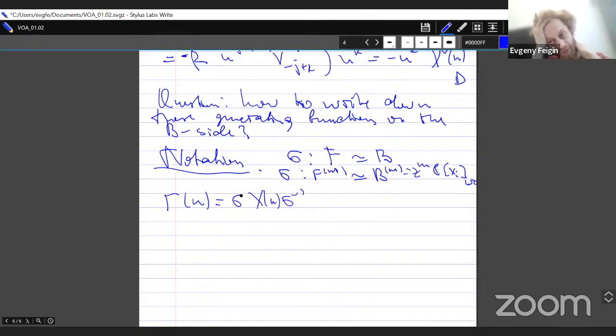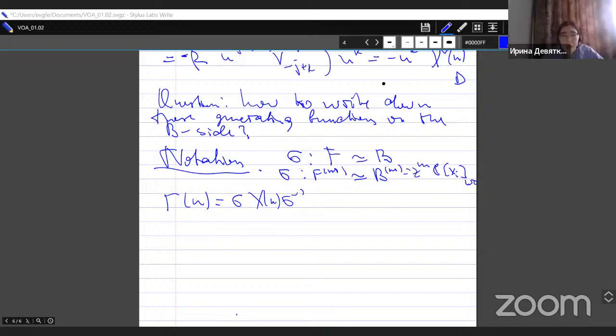So this is the operator, the generating function of operators on B, because we first go from B to F, and then we do something on F, and then from F we return back to B.